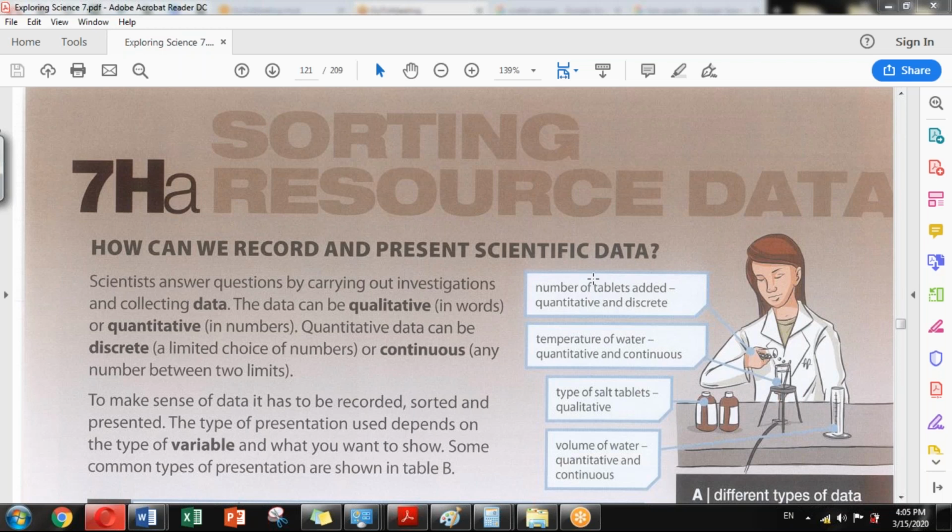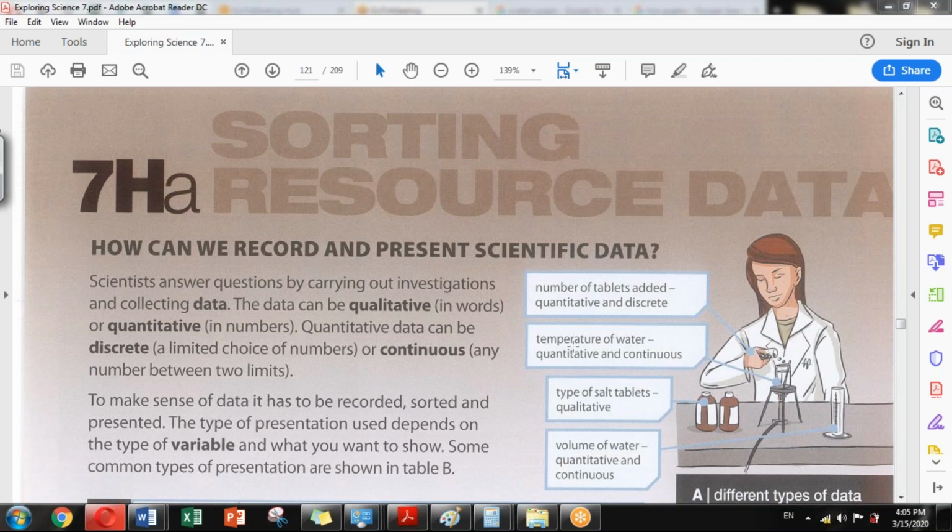And discrete. Why? Because before the experiment, we are trying to calculate exact values of reactants which react together. That's why the answer is in a limited number. That's why it's discrete.